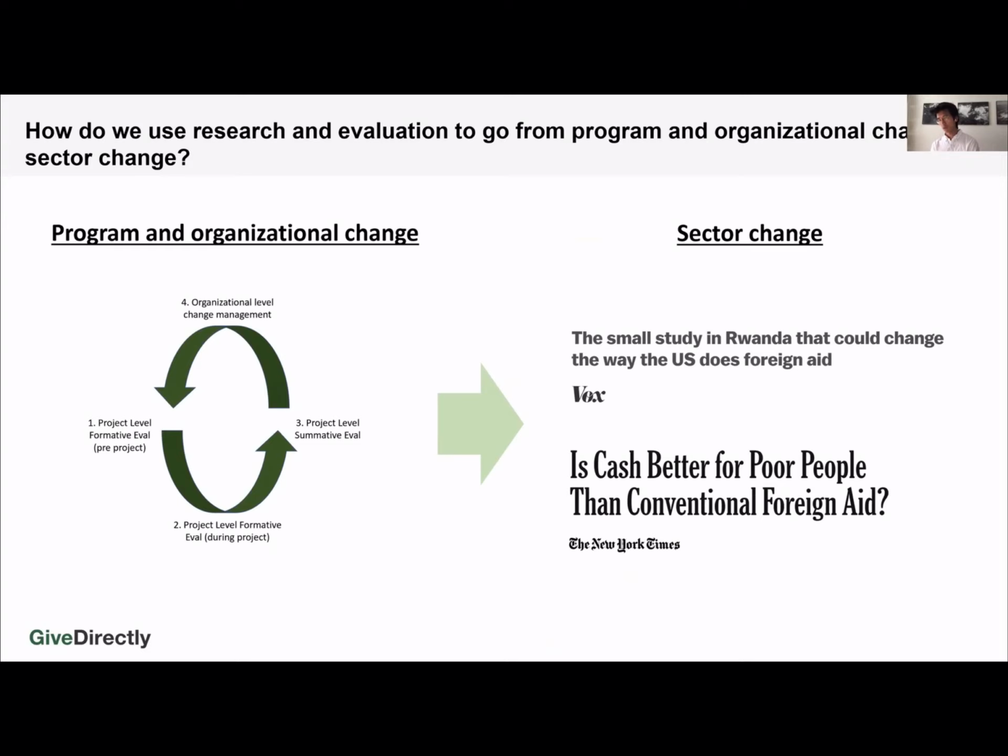What was really exciting from the Rwanda nutrition study that I showed was that we got a bunch of press, with literally the headline from the New York Times, "Is cash better for poor people than conventional foreign aid?" And a headline from Vox, saying the small study in Rwanda that could change the way the US does foreign aid. How do you move from using evaluation to drive program and organizational change to driving sector change?